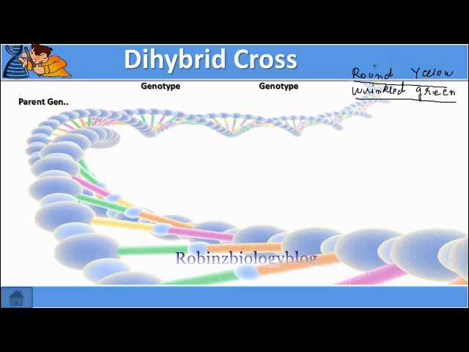Now you need to understand one thing here: round shape is one character, and yellow color is one character. When you talk about the genotype of the parents, for round shape we need to have two genes. For yellow color we need to have two genes.